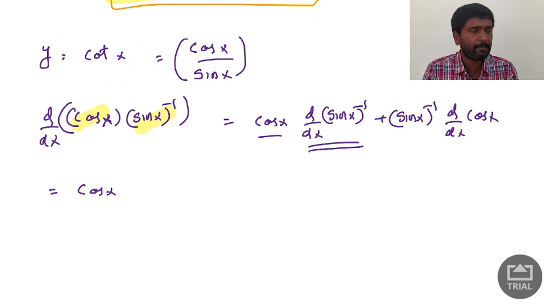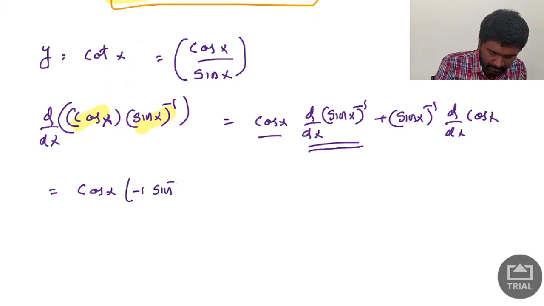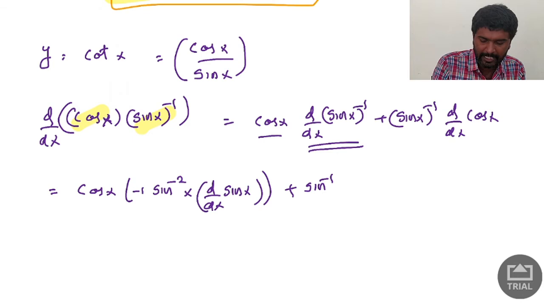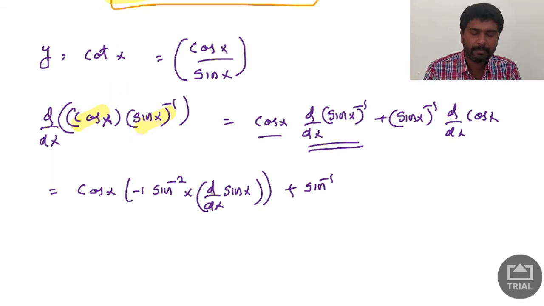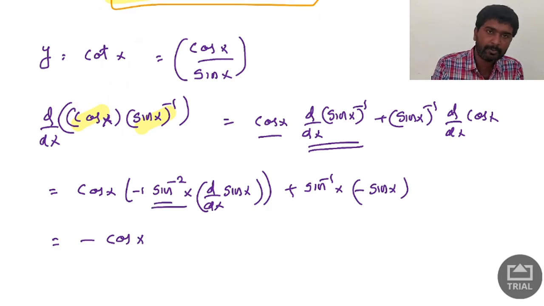So if you do this, you get cos x for this, and for this one, once again like d by dx of y power n, you get minus 1 sin power minus 2 x into d by dx of sin x, plus sin power minus 1 x, and d by dx of cosine x is minus sin x. So you get minus sin x. Here it's minus 1 into cosine x, that is minus cosine x. Sin power minus 2 x you can write as sin square x.